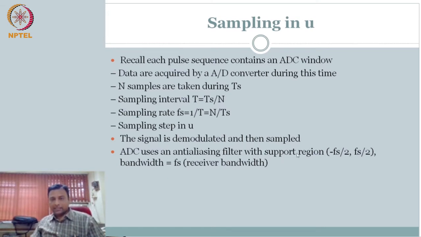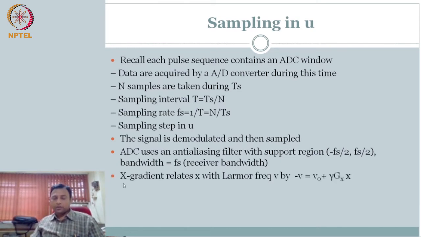So you do anti-aliasing with support of Fs by 2 plus Fs by 2, meaning your bandwidth is Fs. You have to be sampling better than that so that you don't lose any information. So your ADC should have an anti-aliasing filter with a frequency bandwidth corresponding to your received bandwidth. This Fs can be obtained from here: Fs is 1 by T, so all this is coming from there.